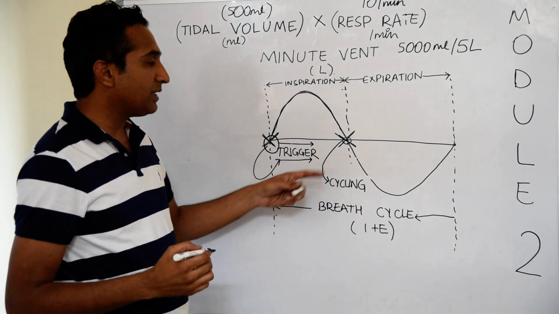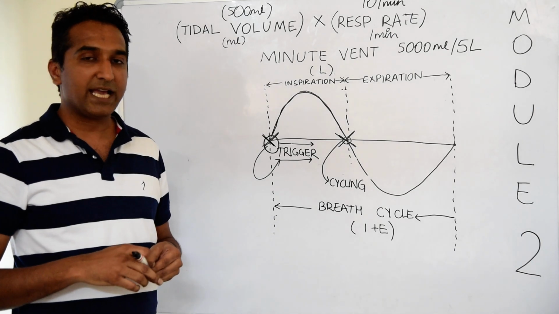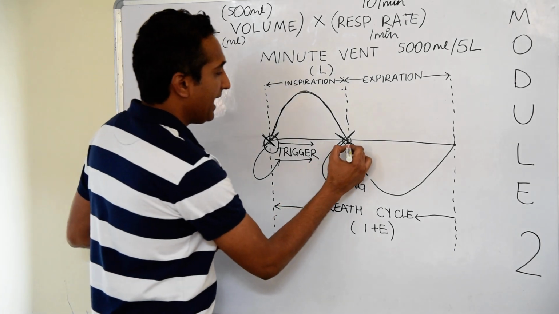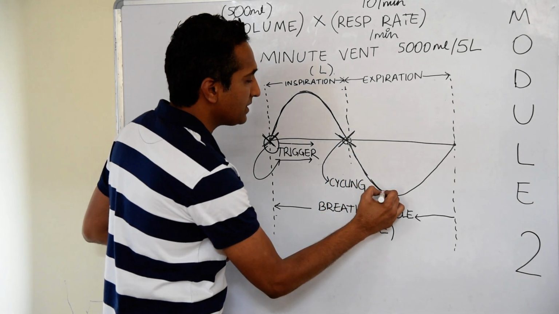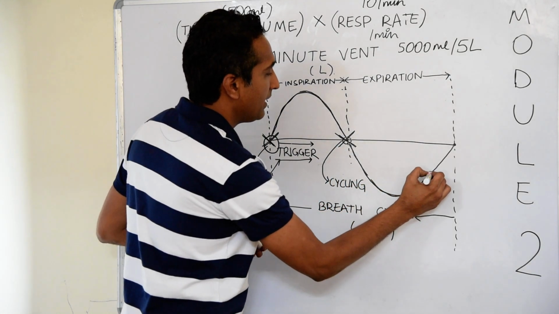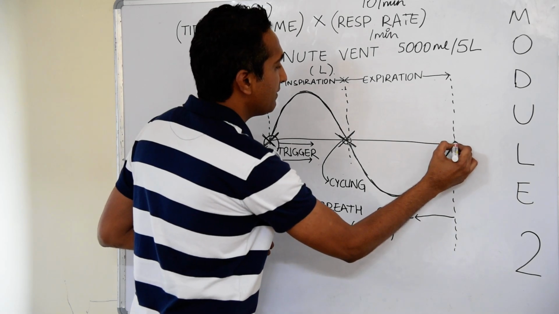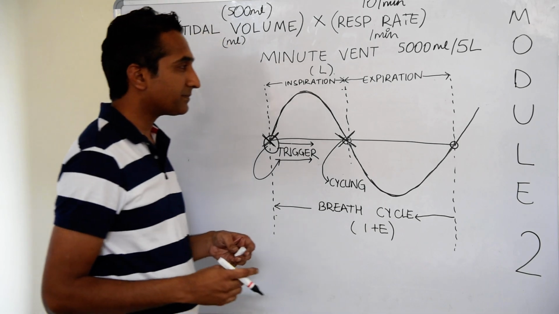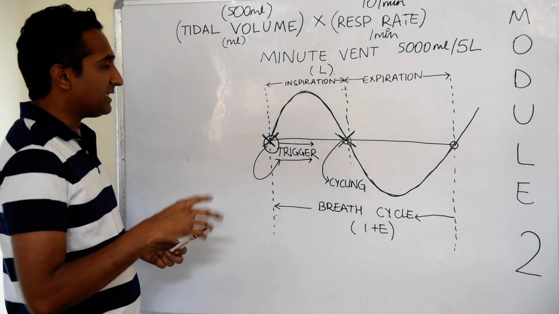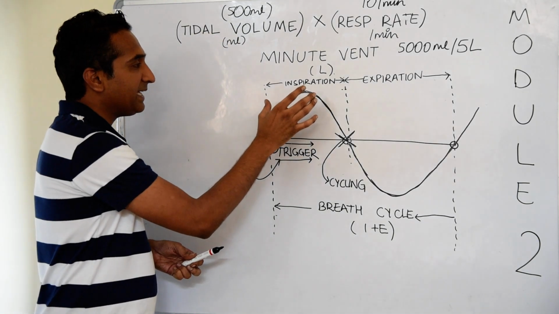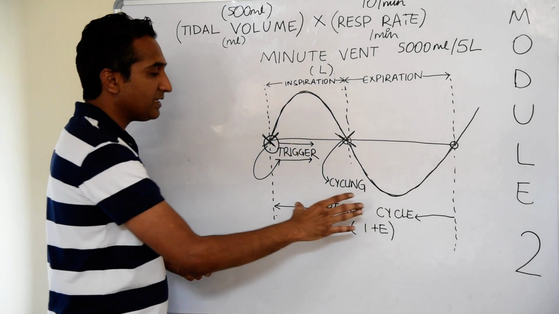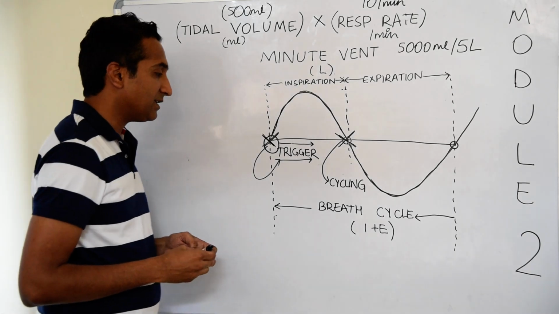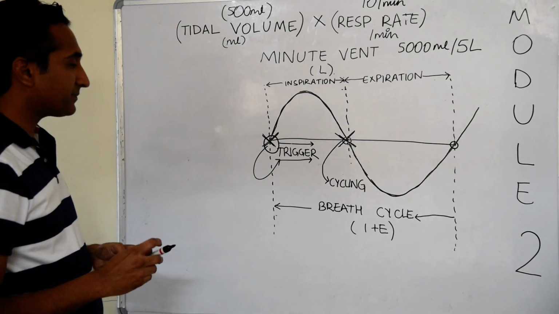This is known as cycling. So cycling is the changeover from inspiration to expiration, and then the expiration continues till a particular point from which another breath will start. The time taken both by inspiration and expiration together is called the breath cycle, and this is expressed in terms of seconds.